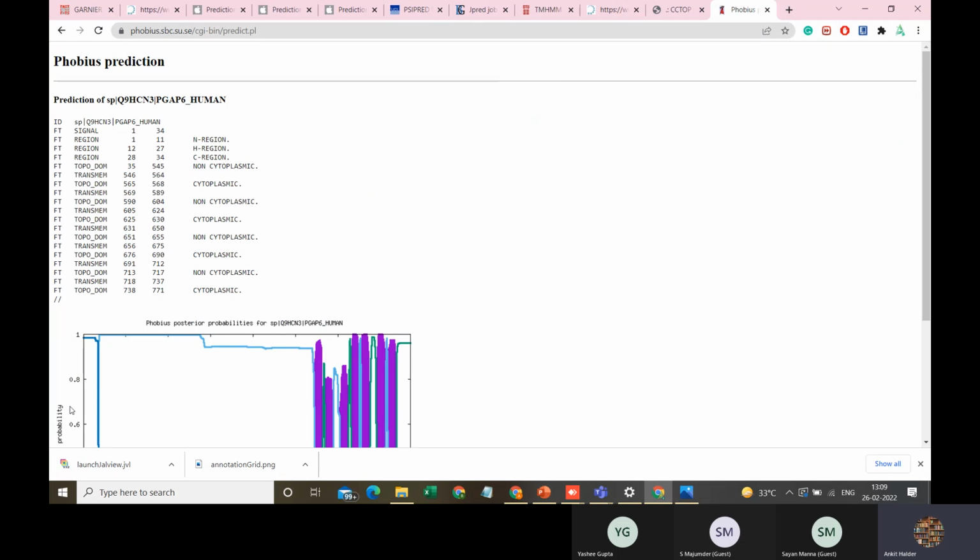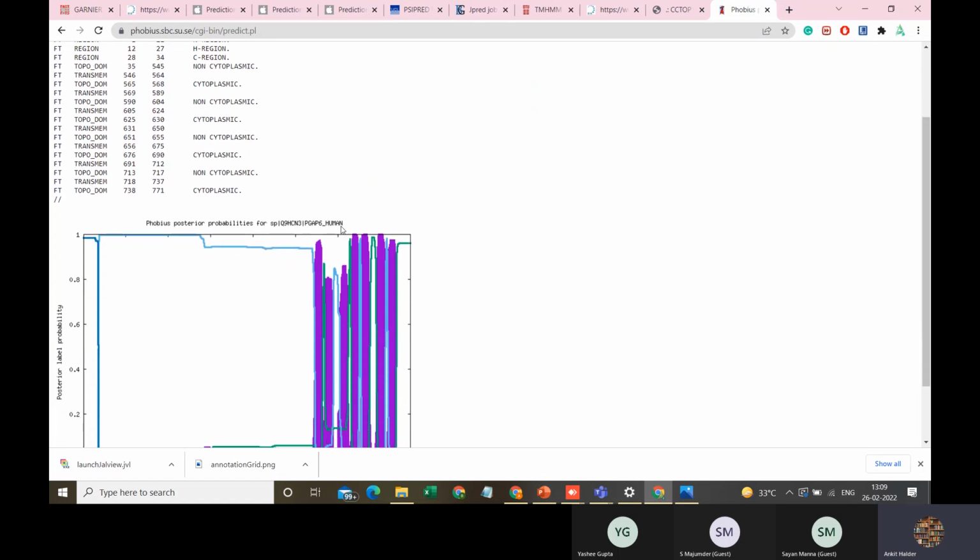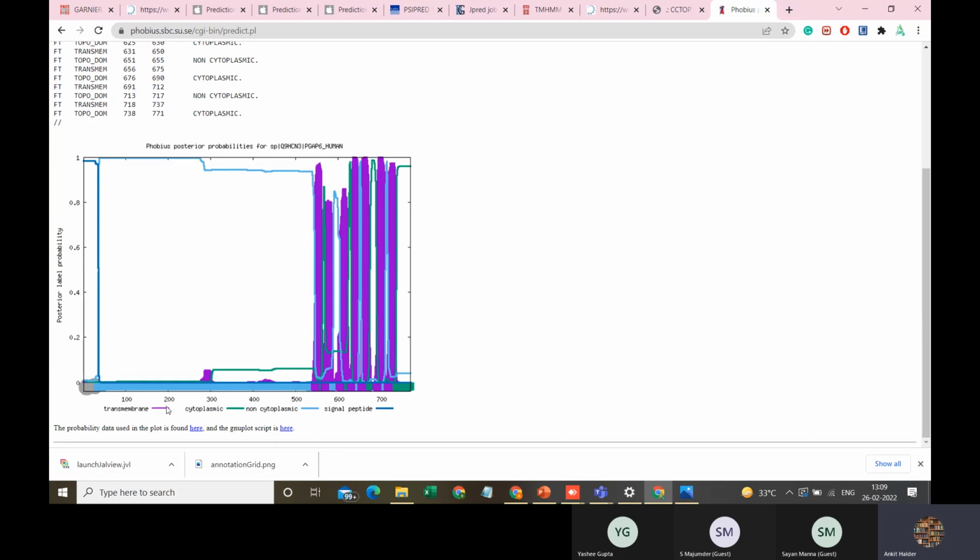You can see that it is giving that it is a signal receptor. So non-cytoplasmic, cytoplasmic, and their probabilities. Violet is the transmembrane. The result is quite similar to what we got in TMHMM. So you can clearly see that it is a kind of transmembrane protein having some signal peptides as well.